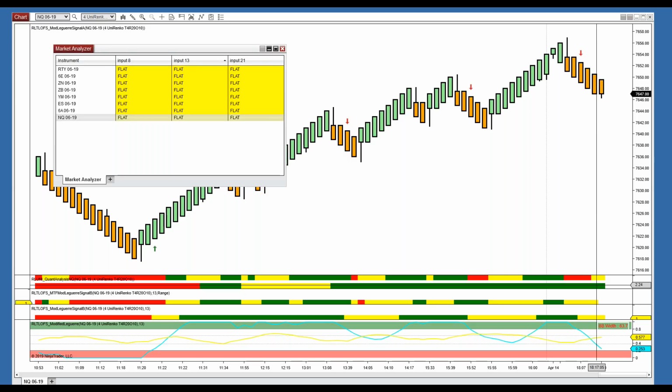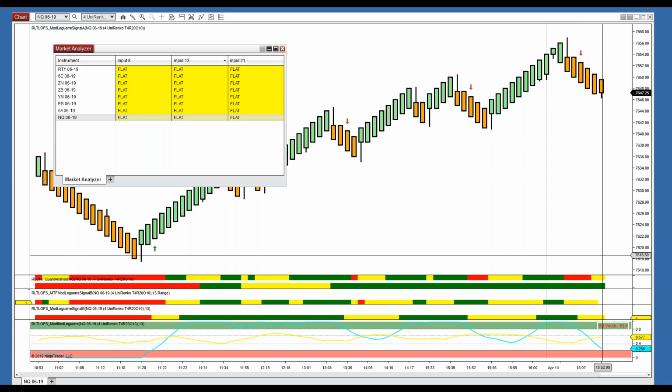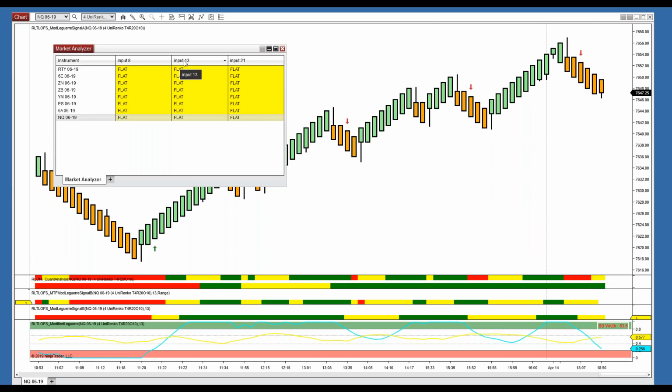One quant is green and the other quant is yellow. We need green, green, green, or red, red, red to signal you into a trade. And it's simply not here. The 13 input on the NQ is flat. It's telling you no trade.